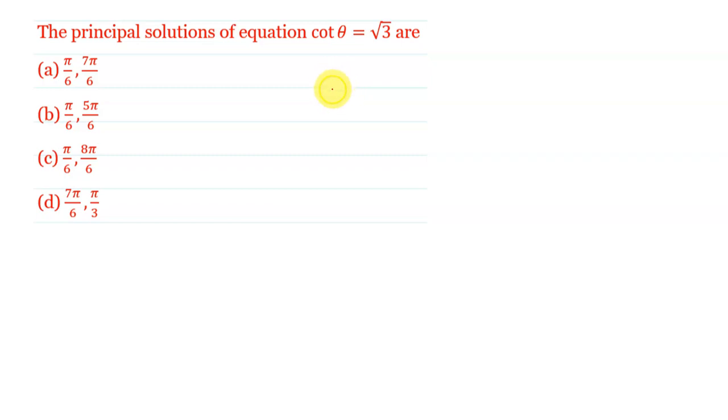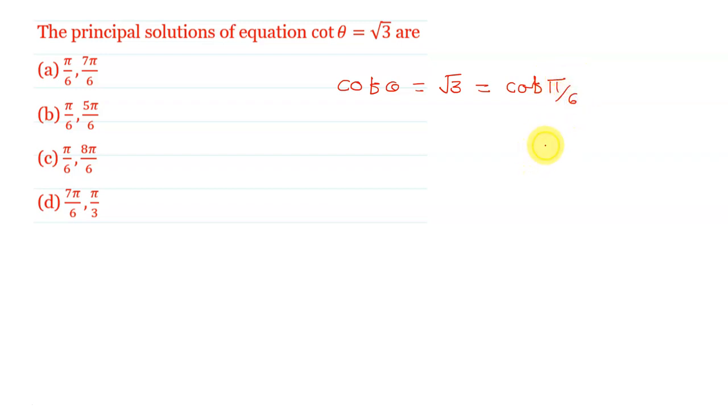Okay, therefore it can be written as cot of theta is equal to root 3, and that is equal to cot of pi by 6.